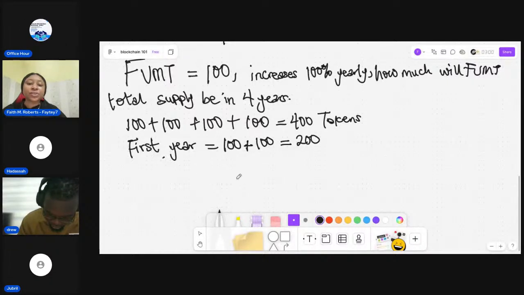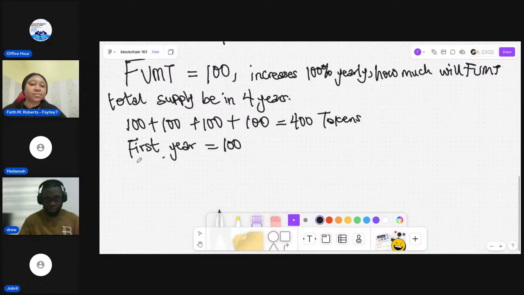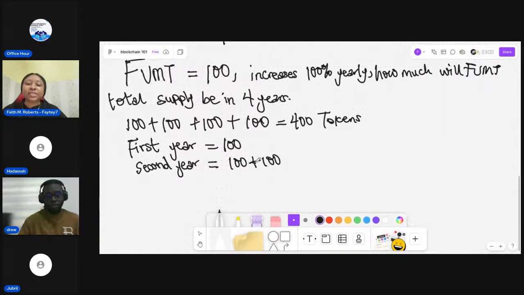Sorry, for the first year is 100 tokens. So now for the second year, it will be 100 plus 100 because that is the percentage. That is what 100% means, the 200 tokens.